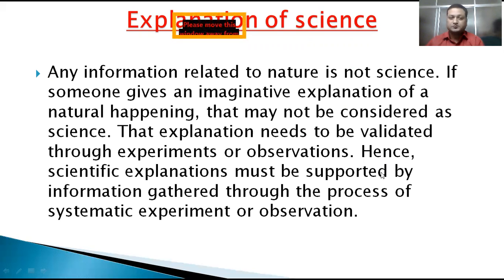Let's see. Here it is written, any information related to nature is not science. If someone gives an imaginative explanation of a natural happening, that may not be considered science. I told you already, the explanation needs to be valid through experiment or observations. Hence, a scientific explanation must be supported by information gathered through the process of systematic experiment or observation.